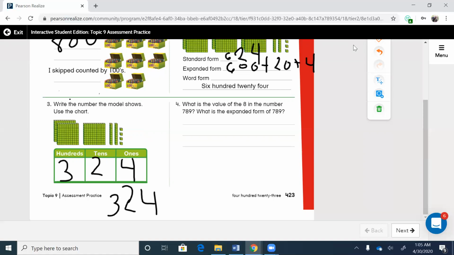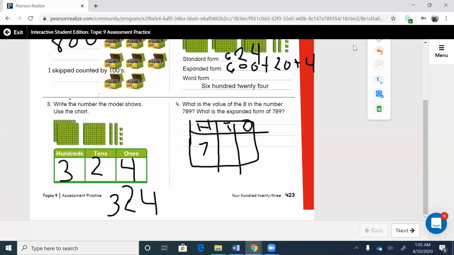What is the value of the 8 in the number 789? What is the expanded form of 789? So they're asking us 2 questions. So we want to find the value of the 8. This might help us. Let's make that chart. Oh, messing up a lot. Hundreds, tens, ones. 789. Now look, what is the value of the 8?